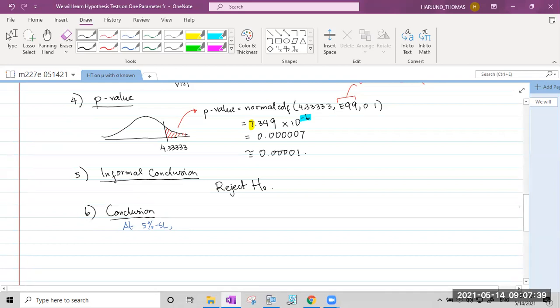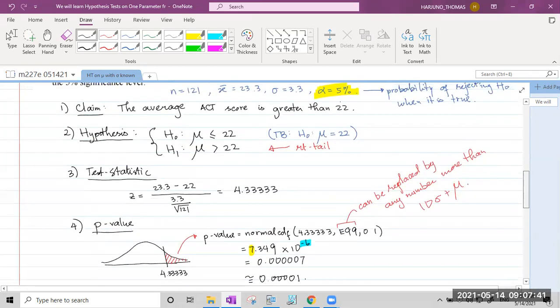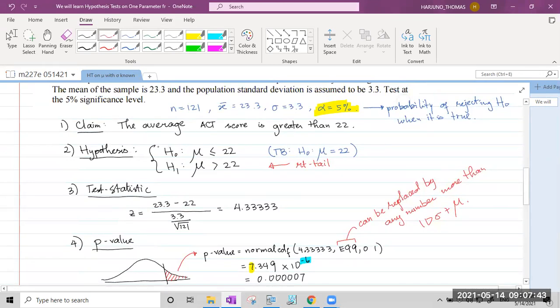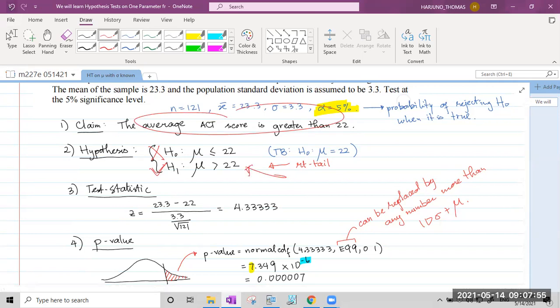Now notice that we reject the null hypothesis, right? We reject the null hypothesis, and therefore support the alternate hypothesis, which is the claim in this case.